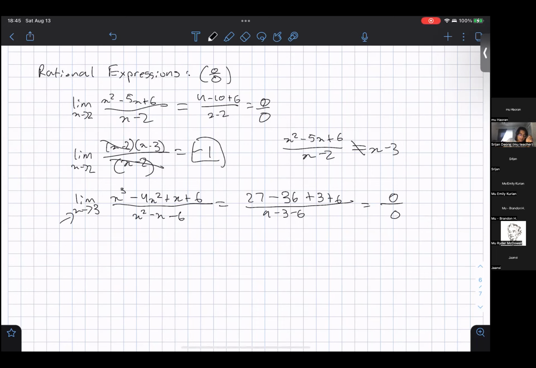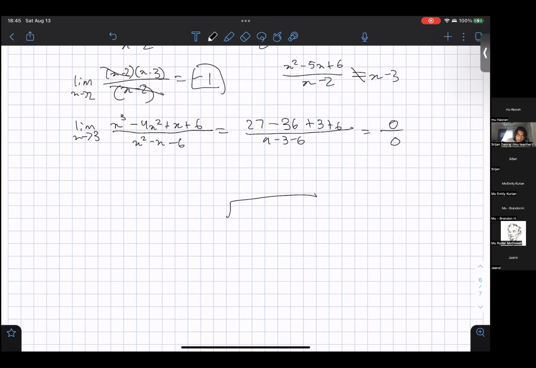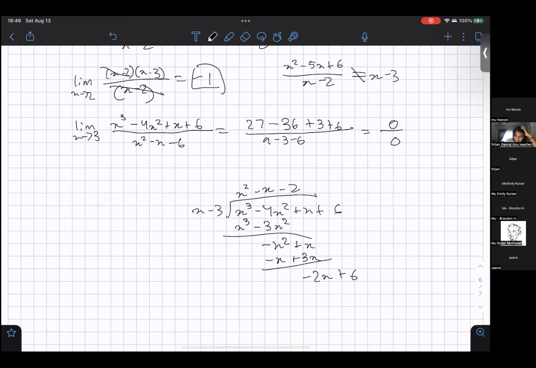Usually, if it has the limit as x approaches 3 of this function, then you know there's going to be an x minus 3 term that you can factor out. So we can do some polynomial long division, x plus 6, and divide that by x minus 3, and we'll get x squared, x cubed minus 3x squared minus x squared plus x minus x minus x plus 3x minus 2x plus 6, and yes, we get minus 2x plus 6, 0.